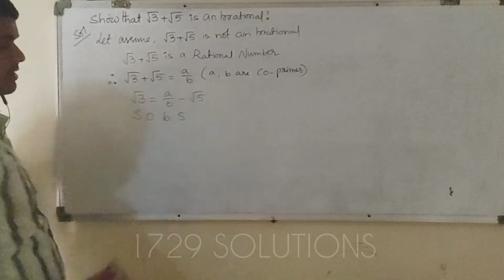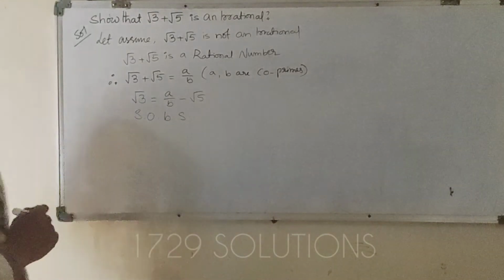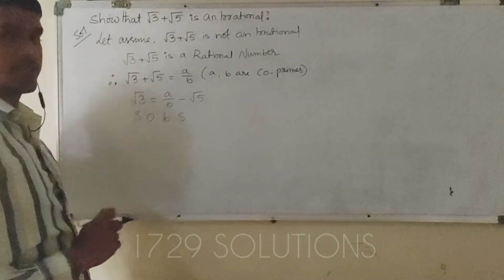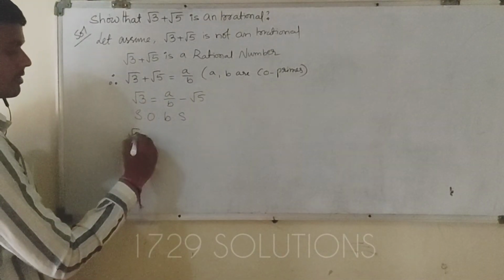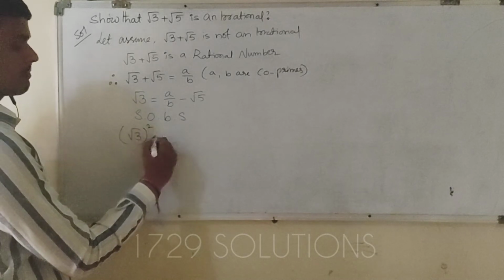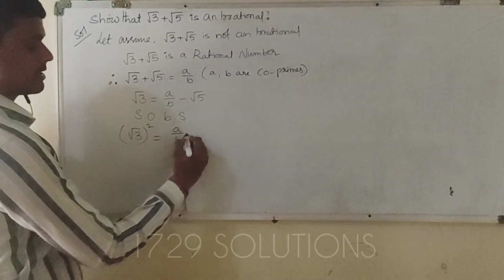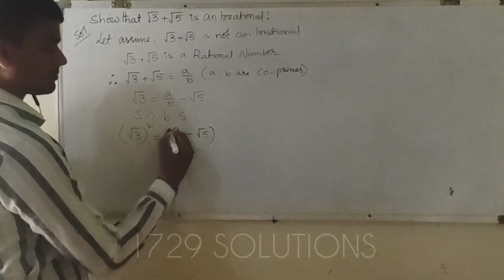So, very important, remember that for a combination of two irrational numbers you compulsorily need to take squaring on both sides. So root 3 whole square is equal to a by b minus root 5 whole square.